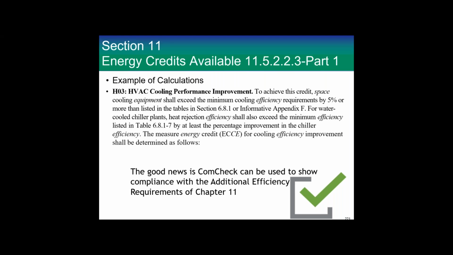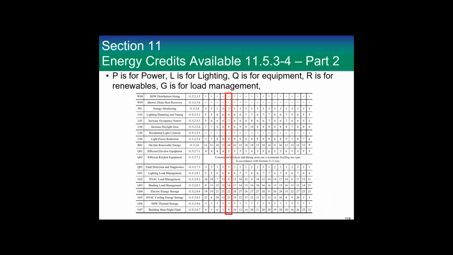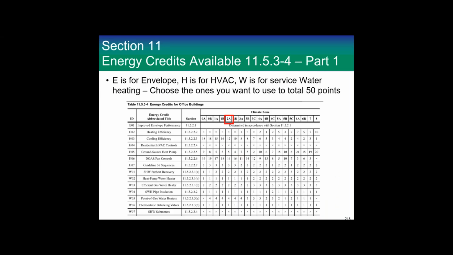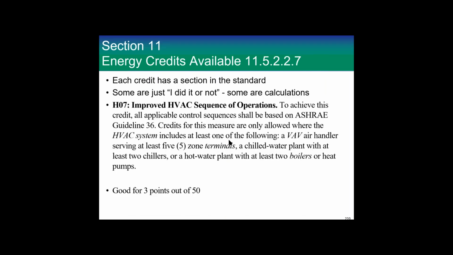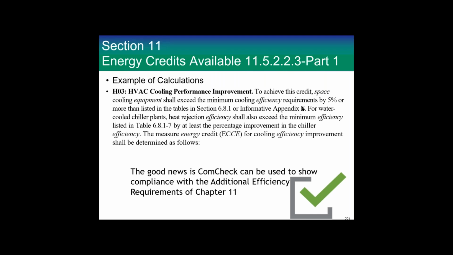If we look back at it, it'll say we get H03 cooling efficiency, section 6.5.2.2.3. You can reference back to what the real requirement is. In 2A, you'll get 12 points. What that means is that you will get 12 points for going 5% better.